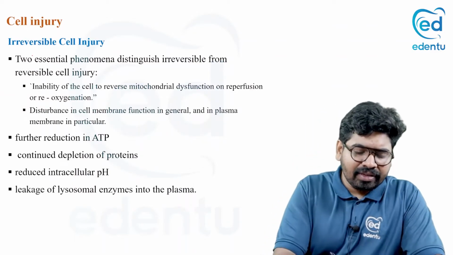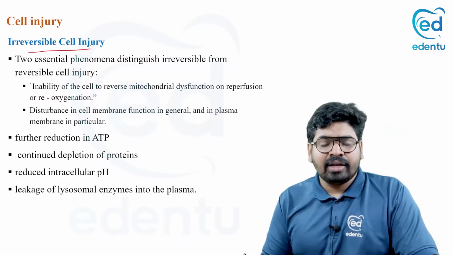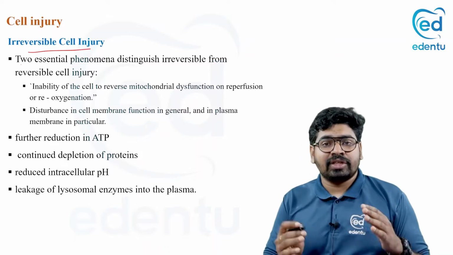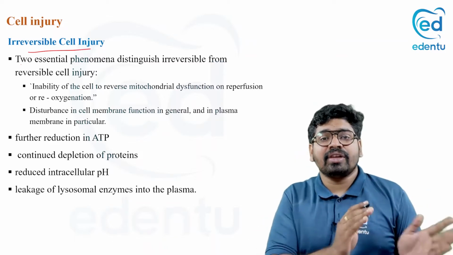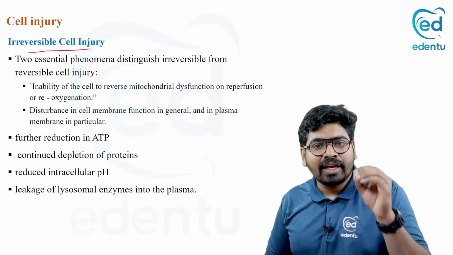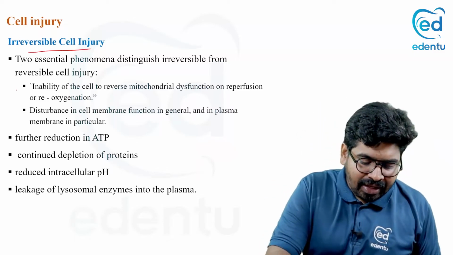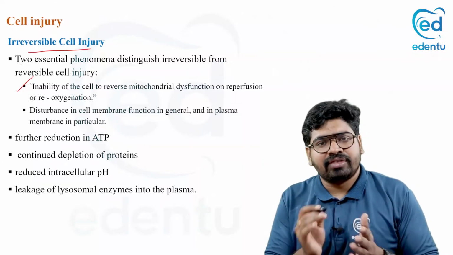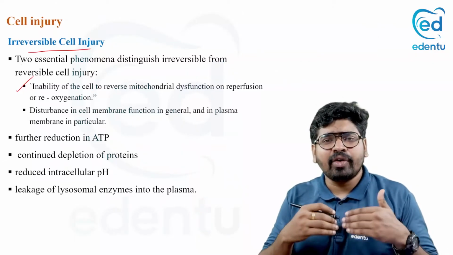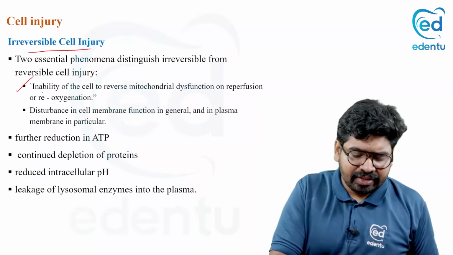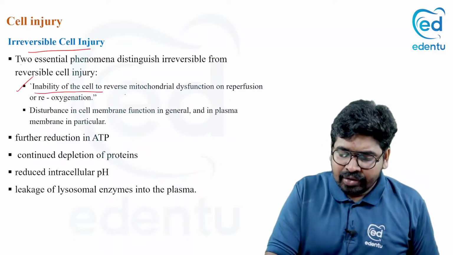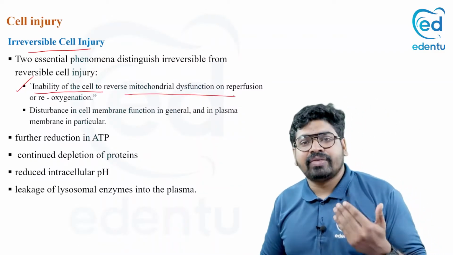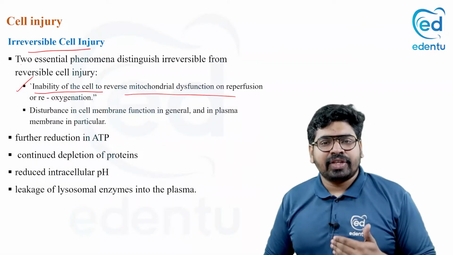Now coming to irreversible cell injury, there are two things you should know which differentiate irreversible from reversible. In irreversible cell injury, the cell cannot go back to the original state. There is inability of the cell to reverse the mitochondrial dysfunction on reperfusion or reoxygenation.